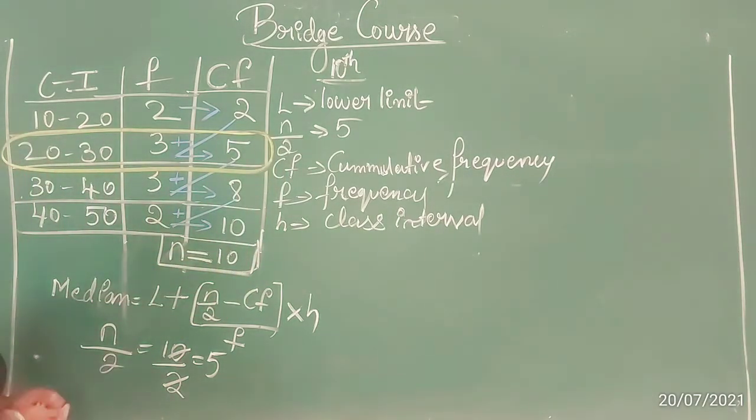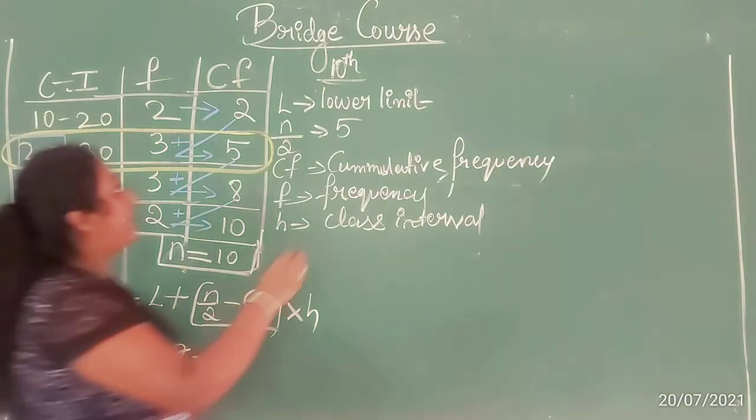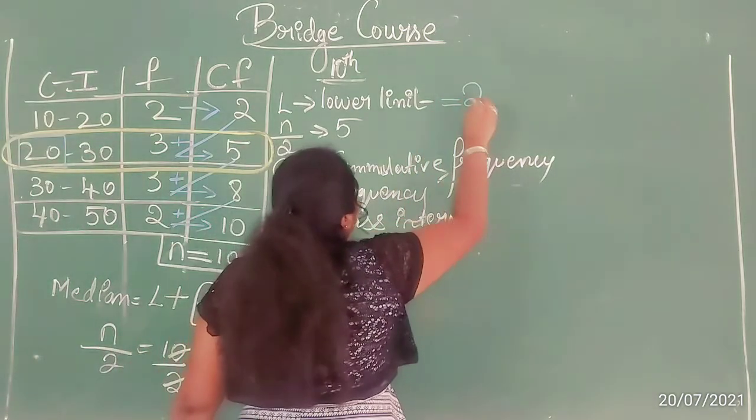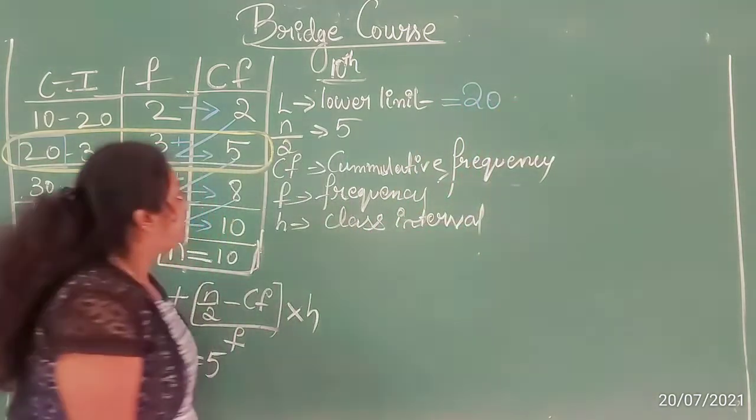Understood? Now only this you are going to consider. Now lower limit means this L, the starting number of this level. So this is your lower limit box. So I will write here, that is how much? 20.